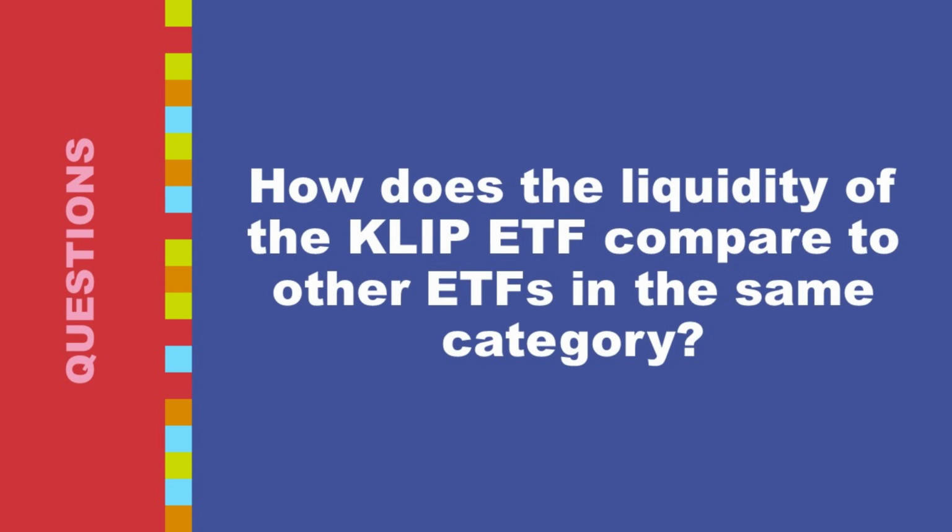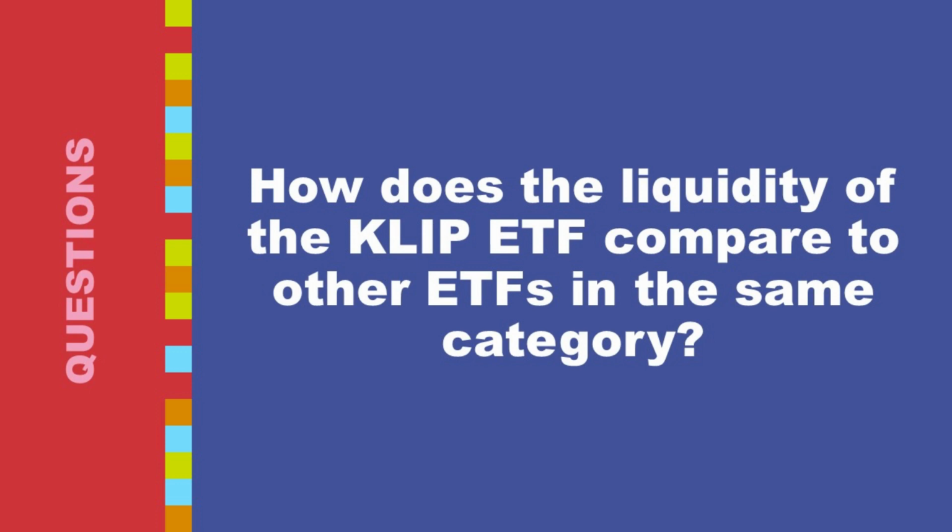Liquidity comparison strategies. Average daily trading volume, ADTV. This metric reflects the average number of shares traded daily for an ETF. A higher ADTV for KLIP compared to other ETFs suggests greater liquidity. You can find ADTV information on financial data websites or the ETF issuer's website.